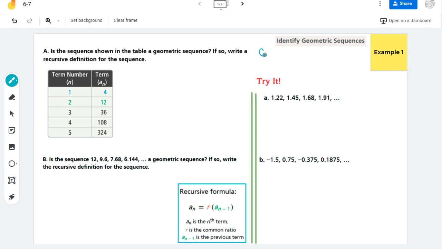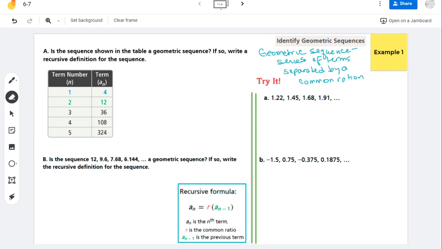A geometric sequence is a series of terms separated by a common ratio.